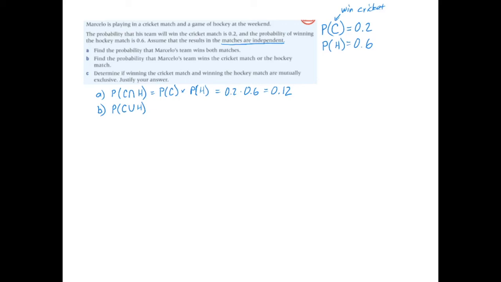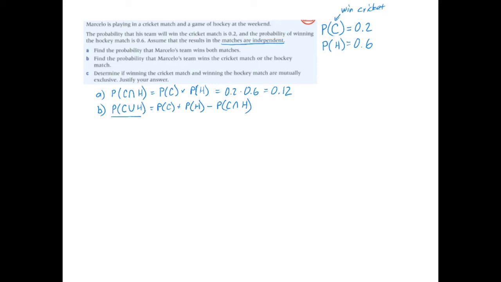Now, you may remember this is one of our probability laws, that the union is equal to P(C) plus P(H) minus P(C and H).